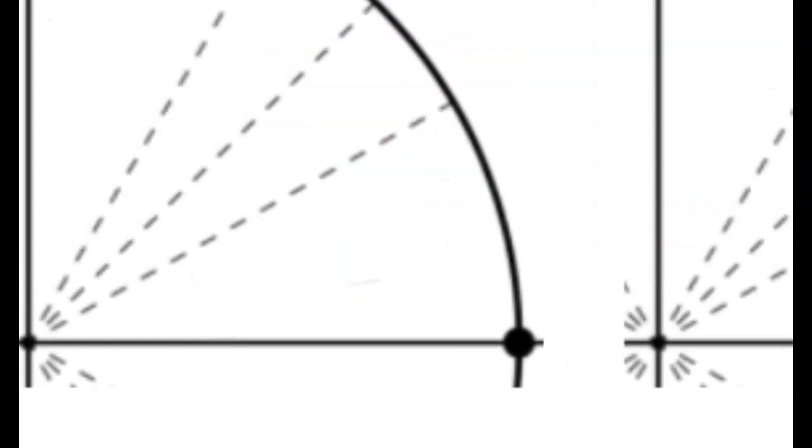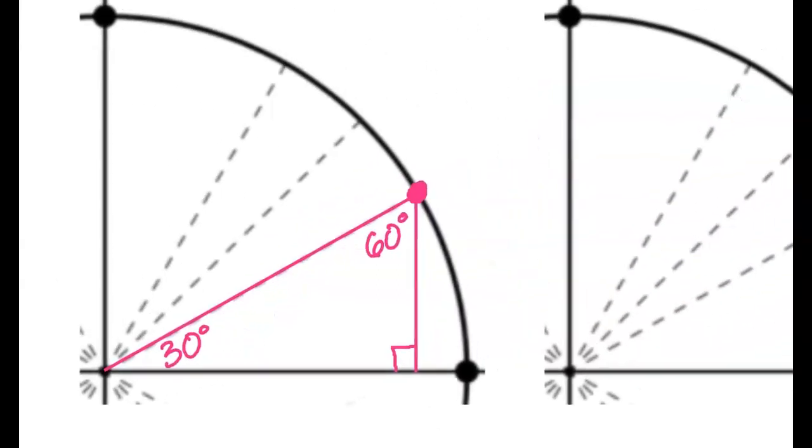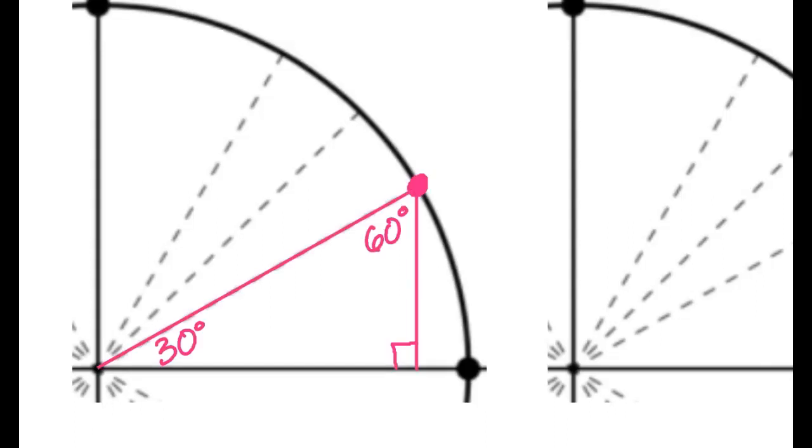Now, never, ever in math do I want you to just guess at what type of triangle or what type of angle you have. But I am telling you that this is a 30-degree angle here, and this is a 60-degree angle. This is because this dotted line that we drew our hypotenuse on is a third of the way through our quadrant. So a third of 90 degrees is 30.